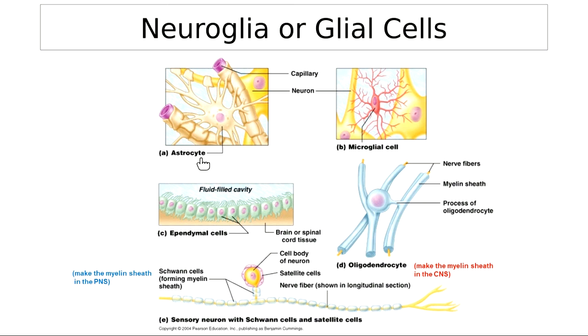For support, they hold neurons close to blood vessels. And you can see that they're holding the neuron, which is yellow, close to capillaries here, which are purple. They maintain the capillaries of the blood-brain barrier. The blood-brain barrier prevents materials from getting to your nervous system, like your brain. So it's very selective as to what can get to your nervous system.